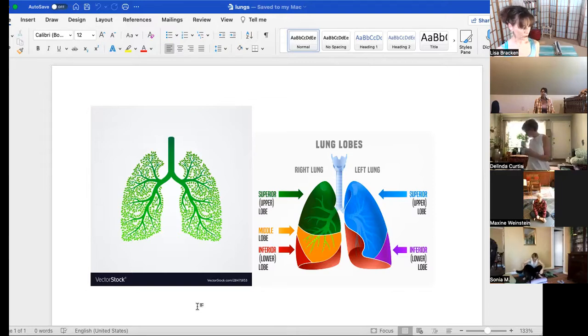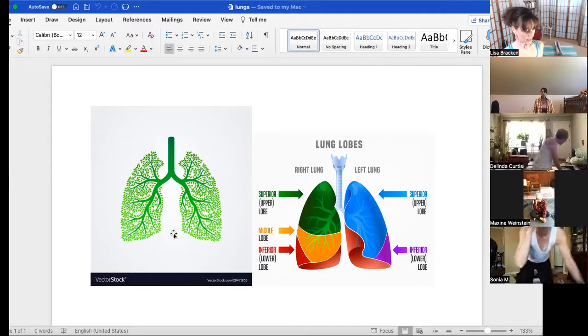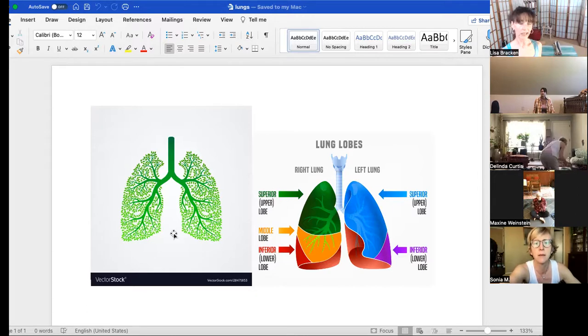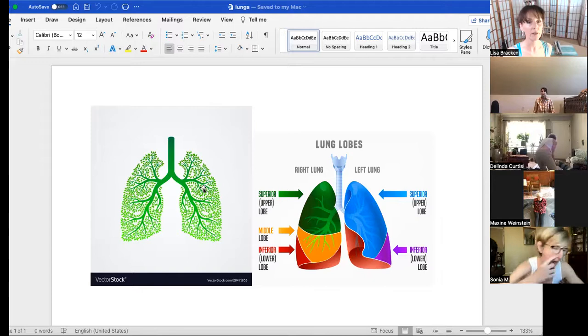There are a multitude of twigs and branches called bronchioles that stem off the main trunks, the right and left bronchi, and the bronchioles split again and again and again, terminating at these superfine porous membranous tips called alveoli. This is where the exchange of gases and oxygen takes place. I don't want to dive too much into anatomy and physiology, but I want to give you the visual of your lungs as a tree being upside down.